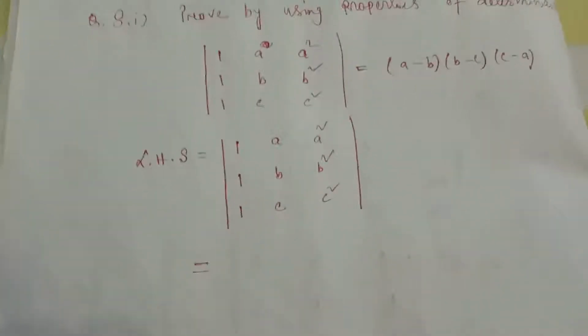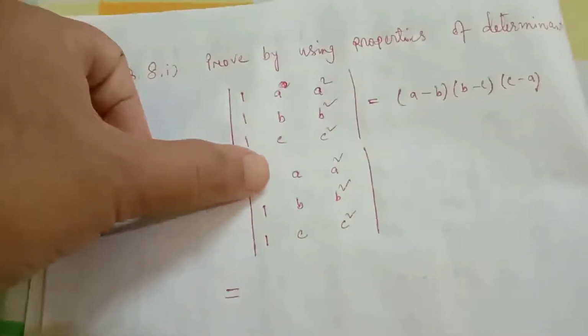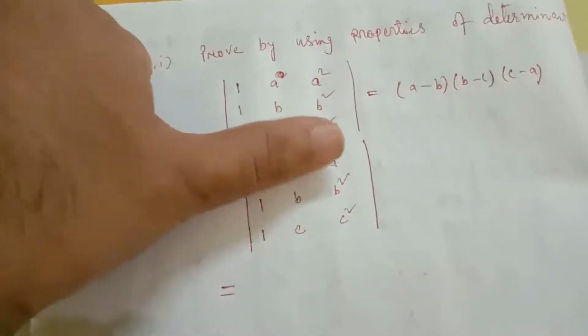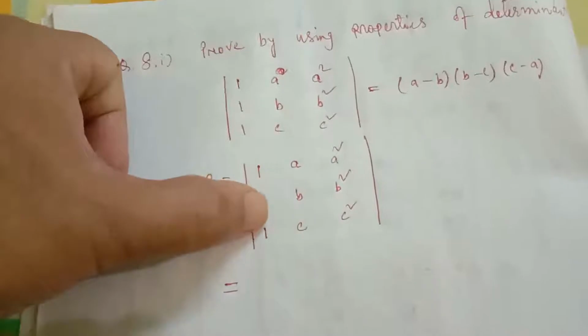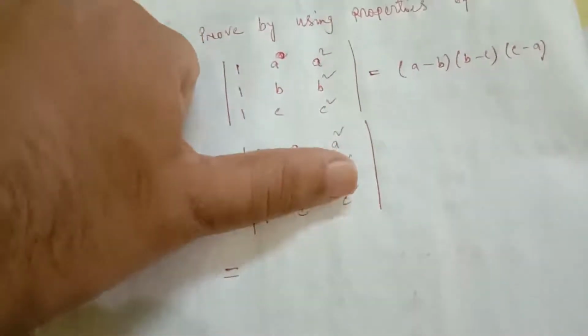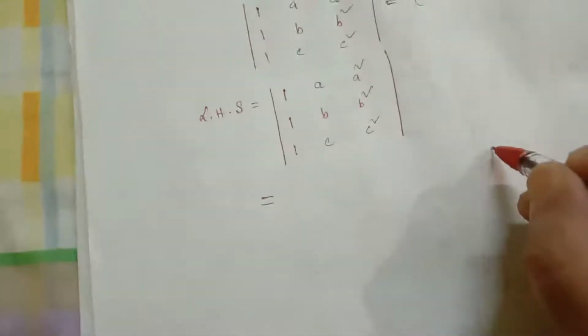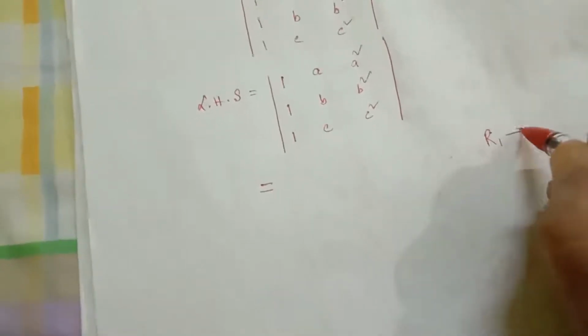Now we have to bring 0 in the determinant. You can see this element is 1, this element is also 1. If we replace R1, the first row, by R1 minus R2, 1 minus 1 will give us 0. So our first step will be replacing R1 by R1 minus R2.